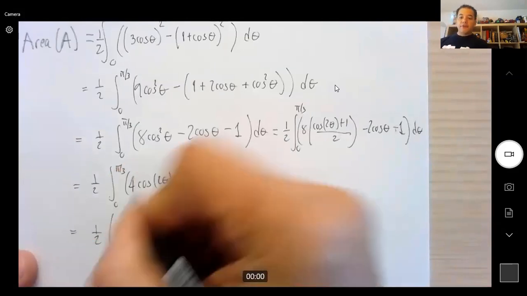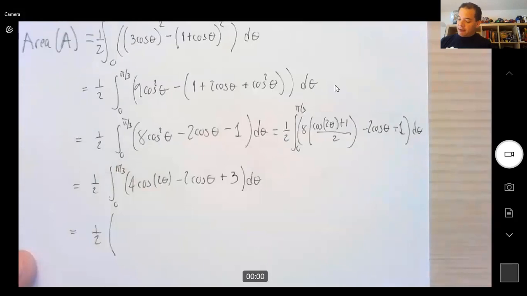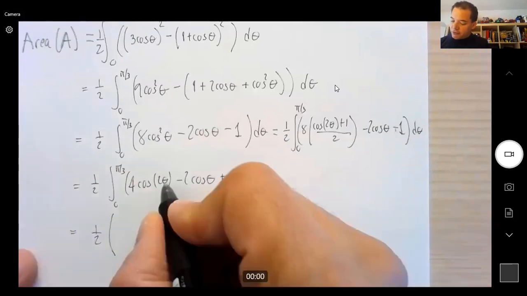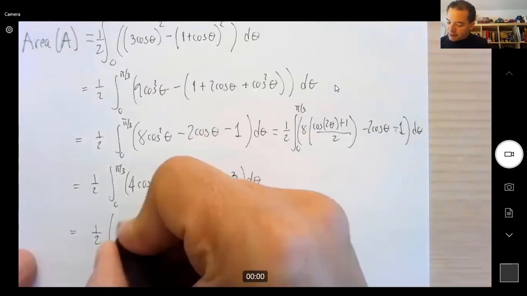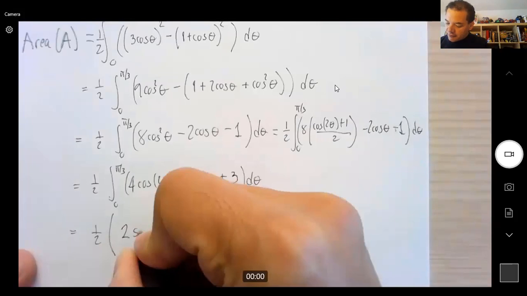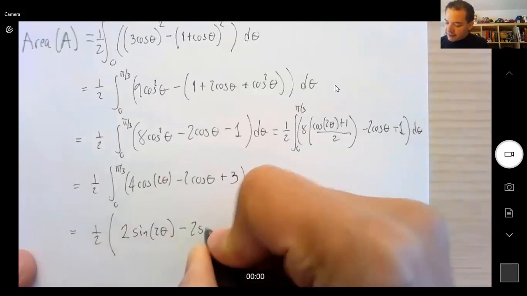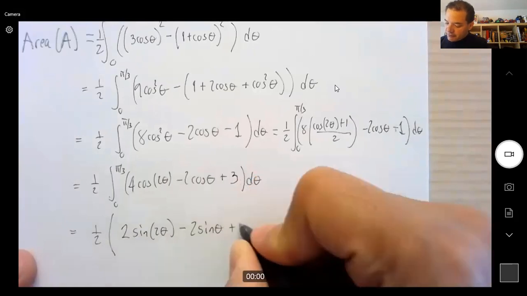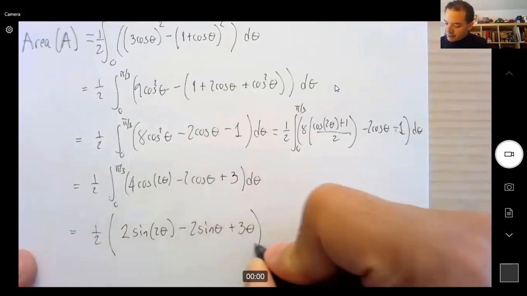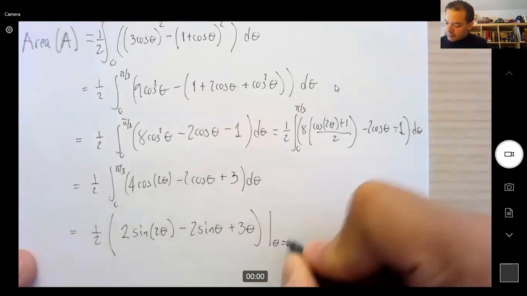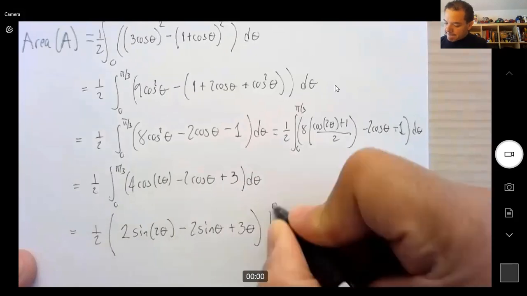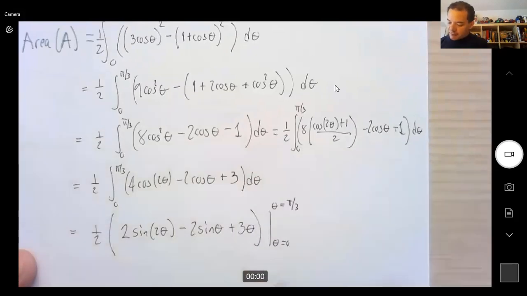Okay, the integral of cosine is sine, and it has a 2 theta, so we should divide by 2. So this will be 2 sine 2 theta minus 2 sine theta plus 3 theta. And we're doing this from 0 to pi over 3. And now it's just a matter of plugging our numbers, right?